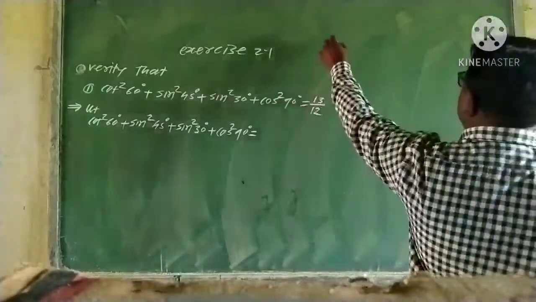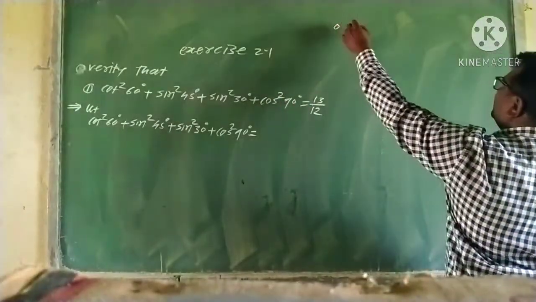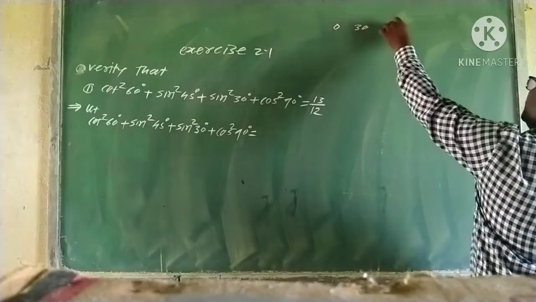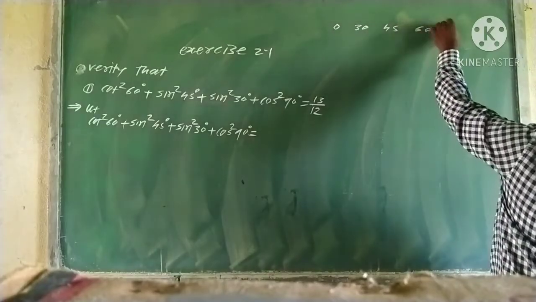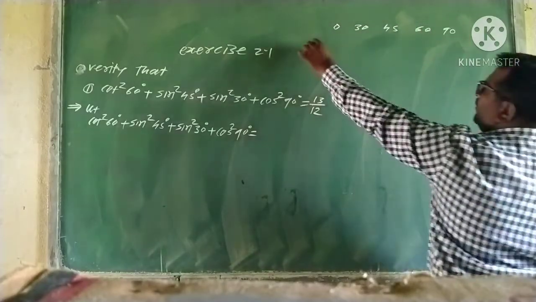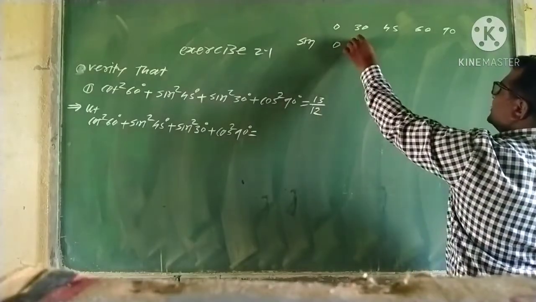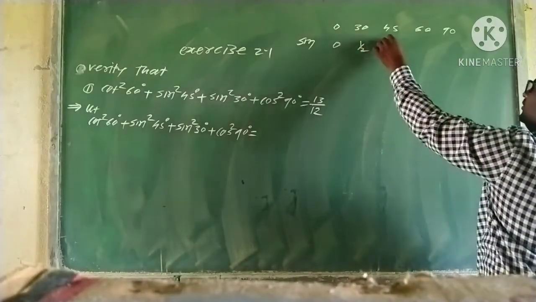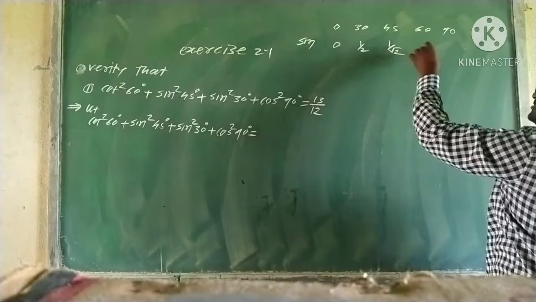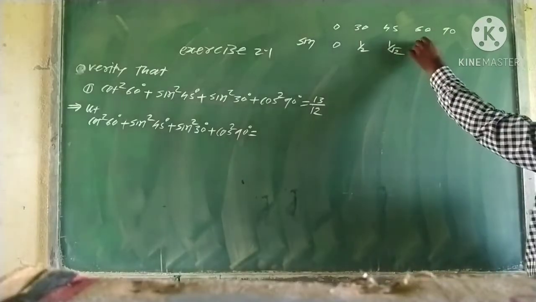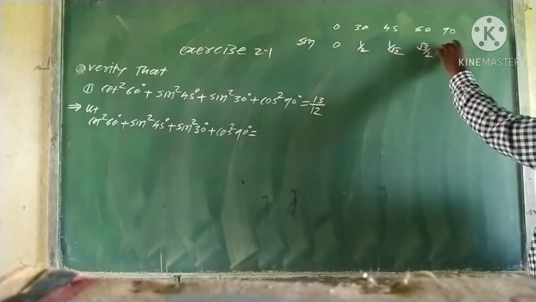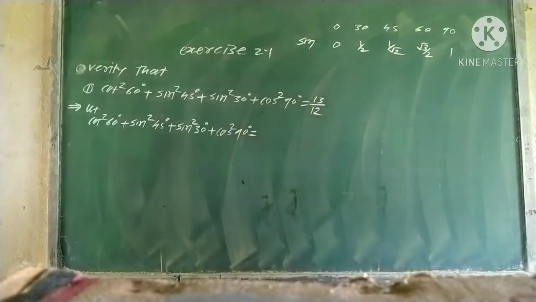We know the values for 0, 30, 45, 60 and 90. For sin: sin of 0 is 0, sin of 30 is 1 upon 2, sin of 45 is 1 upon square root 2, sin of 60 is square root 3 divided by 2, sin of 90 is 1.